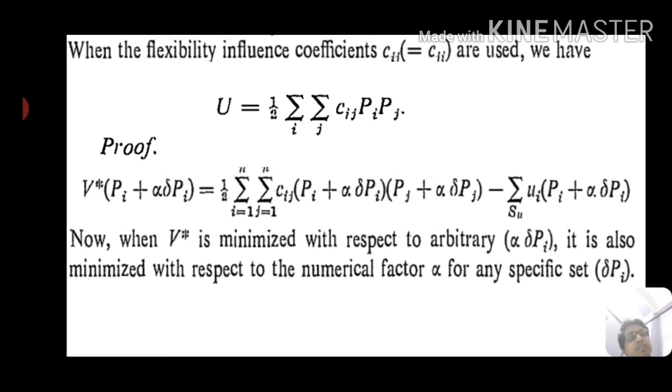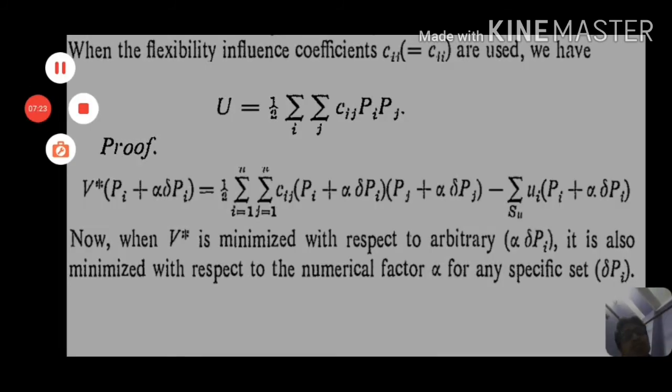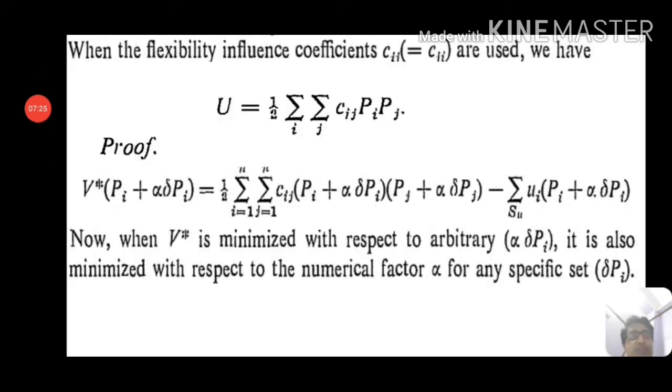Here V star must be minimized with respect to arbitrary alpha delta Pi. It is also minimized with respect to the numerical factor alpha for any specific set delta Pi.